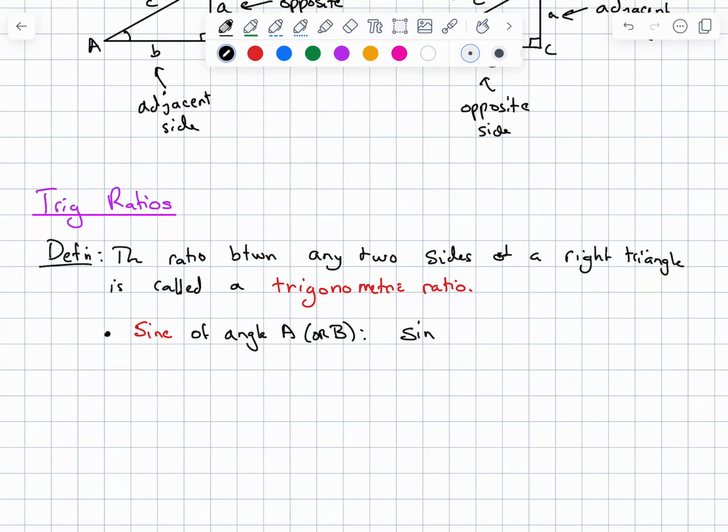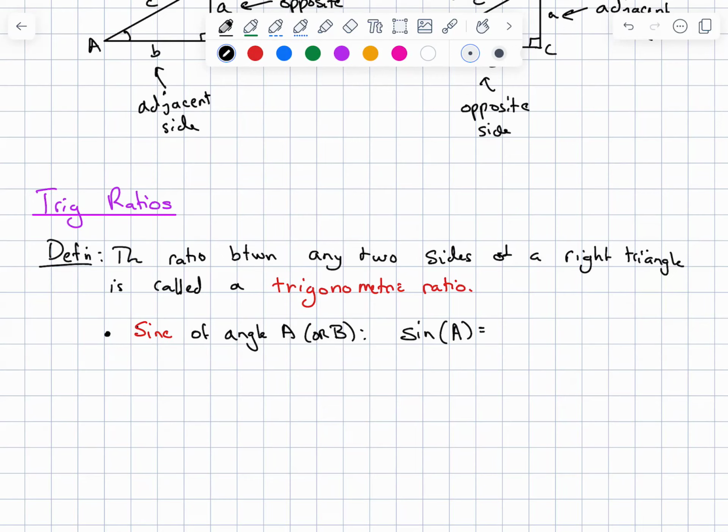So sine parentheses A. And that's not sine times A. I think we talked about this a little bit, maybe not. No, we hadn't. That is not sine times the quantity A, that is sine of the quantity A. Sine is like an operation that is performed on something. So it's saying sine of this quantity.